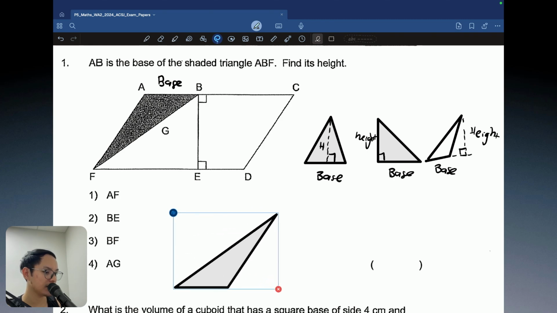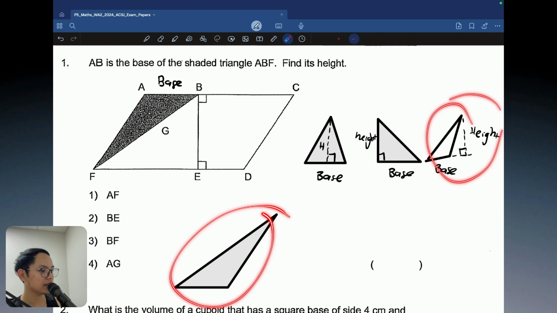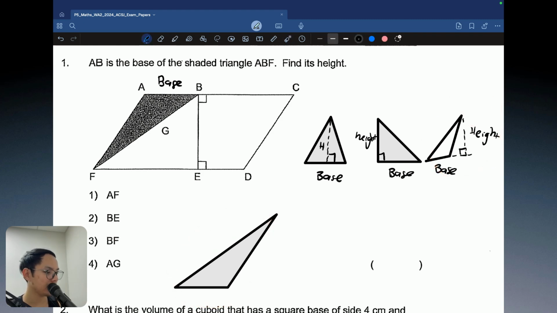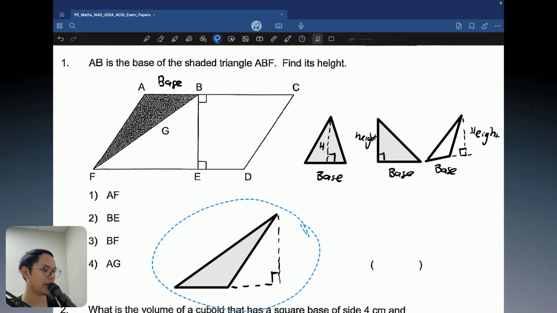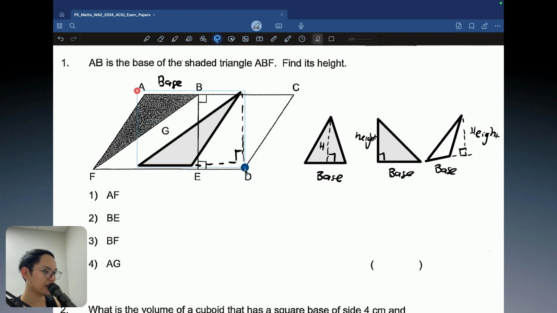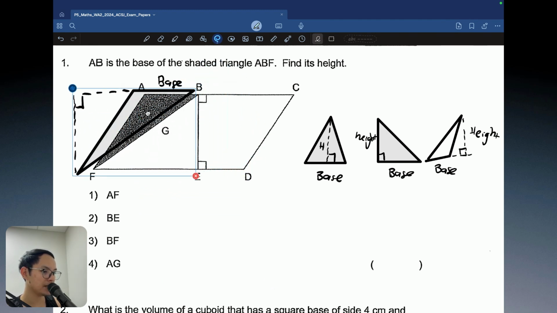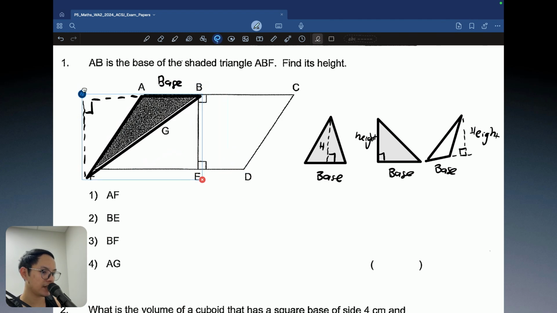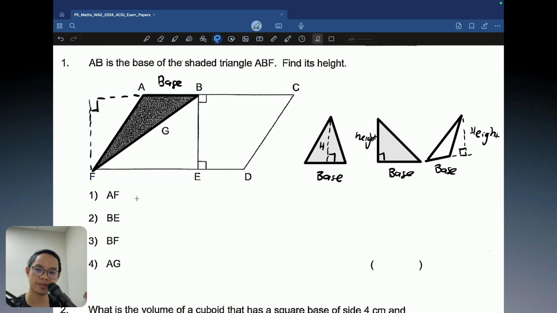So this triangle is the third type, which has the perpendicular over here. Now if you move this triangle back to its original place, what we can see is that it is exactly what we have gone through in this case.